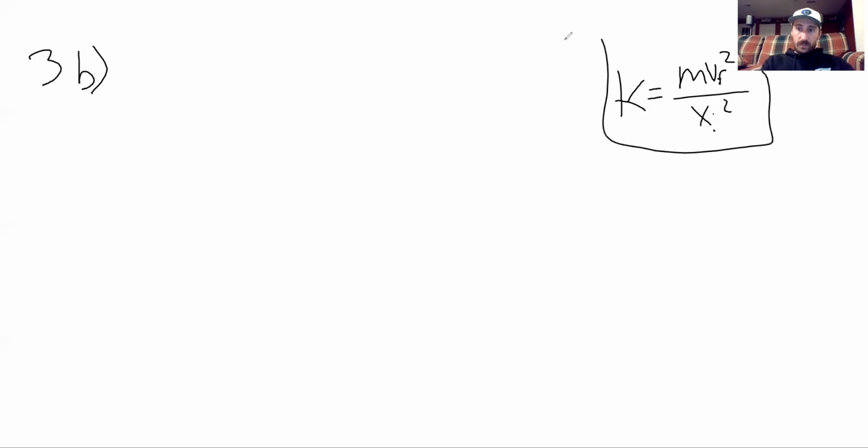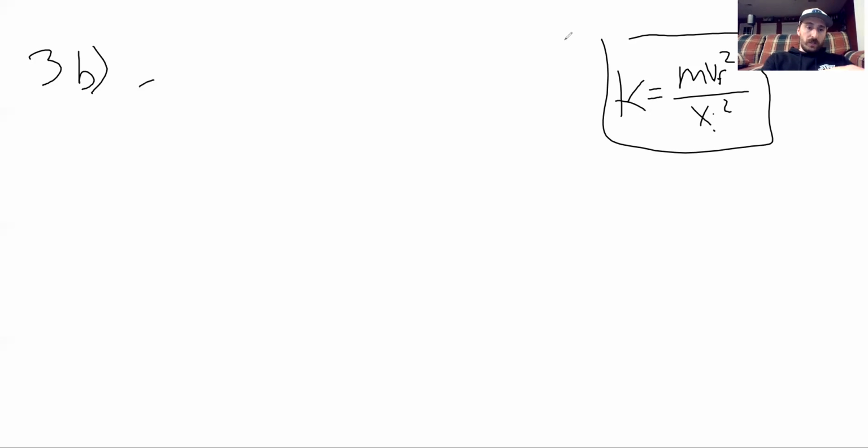3B. Design an experiment procedure to test the hypothesis. We need to design an experiment and then fill out this chart. Let me write this equation up here so you can see what we need: k equals m v f squared over x i squared. That's the equation we derived. It should be obvious that we need mass.